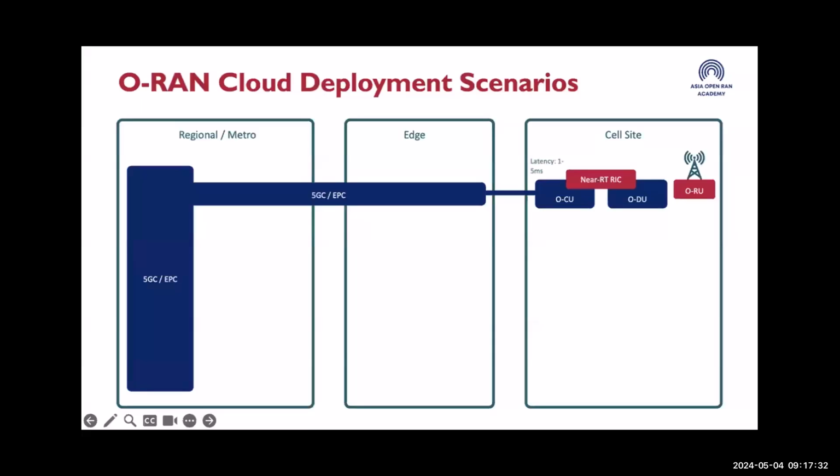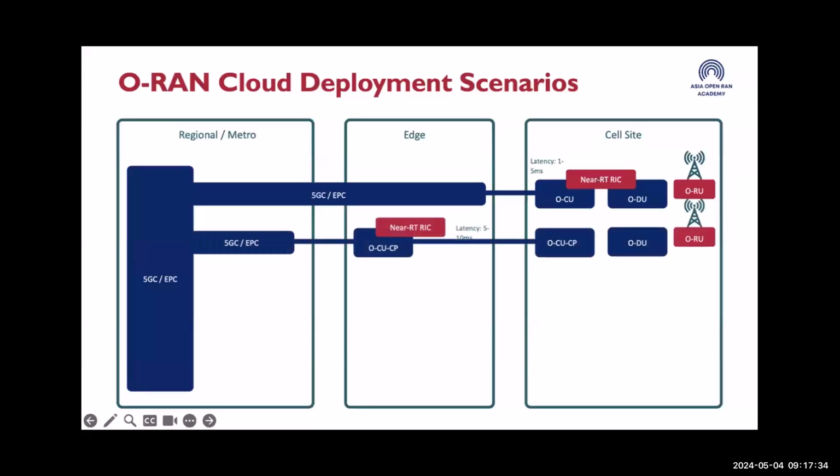In some scenarios as well, you can put the near real-time RIC on an edge location or the edge server. Your control plane is in the edge because it doesn't need a lot of transmission, but there's still a latency requirement. The OCU-CP could also be here, and the ODU.